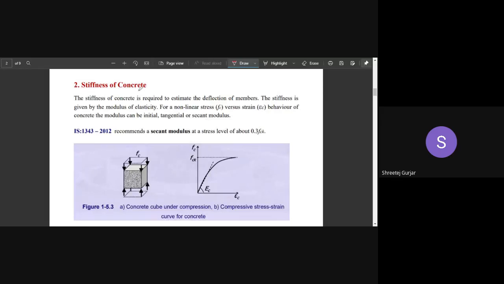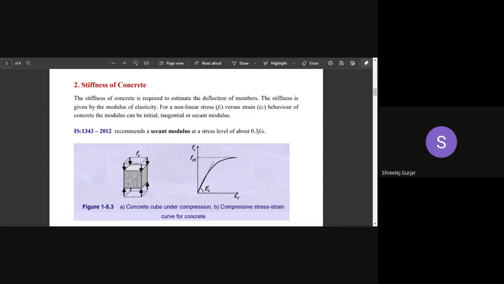Now the second property which we will study is the stiffness of concrete. The stiffness of concrete is required to estimate the deflection in members. The more stiff your concrete is, the lesser is your deflection, so it is inversely proportional.